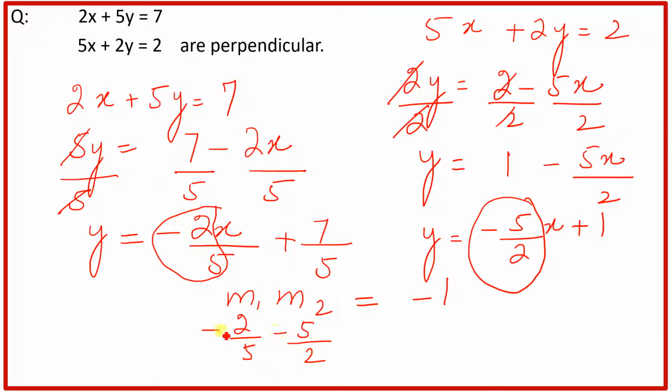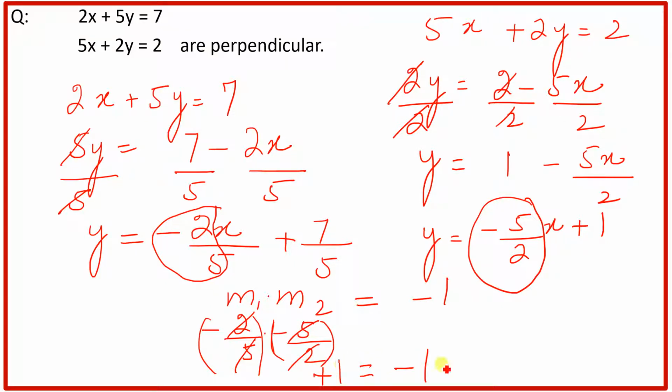Negative and negative will be positive. The 2s cancel each other because there is a multiplication sign. Do not be confused with the negatives. So this 5 will cancel this 5, minus minus is positive, so it will be +1 is equal to -1.